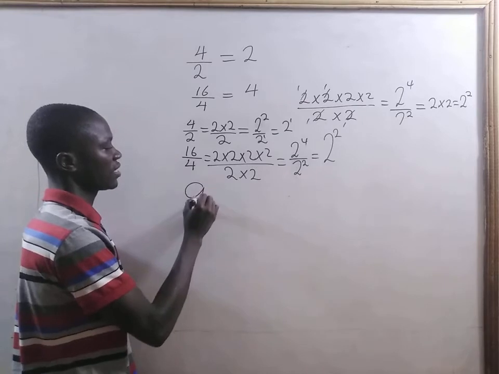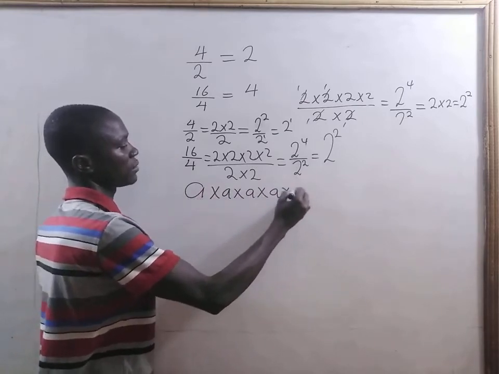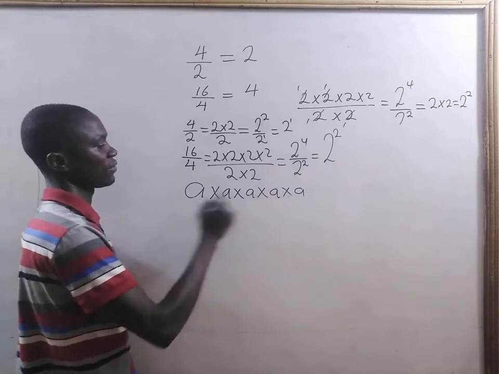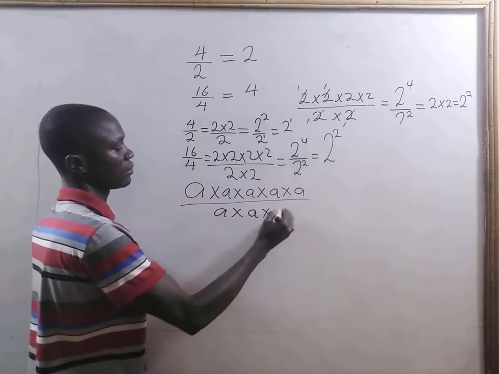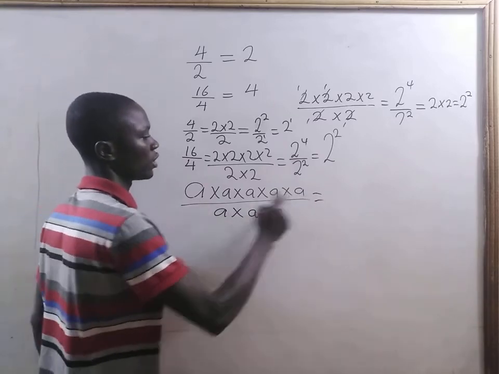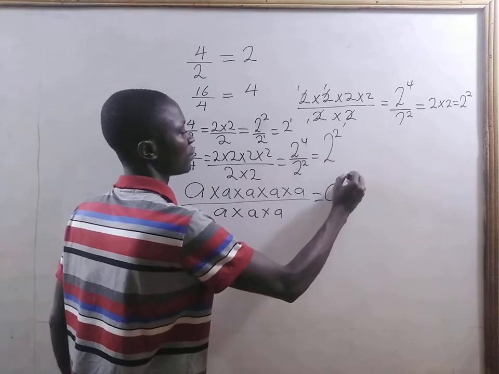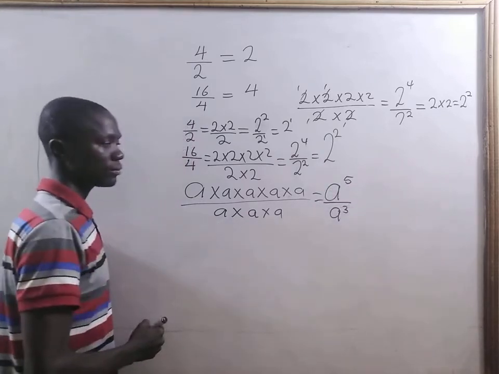If I have A times A times A times A times A, 1, 2, 3, 4, 5, all divided by A times A times A. From the first law of exponents, we are going to have A to the power 5 divided by A to the power 3.